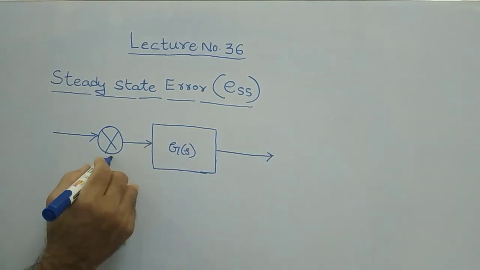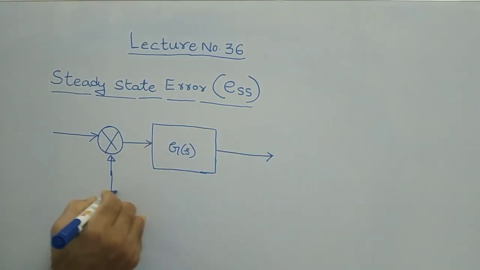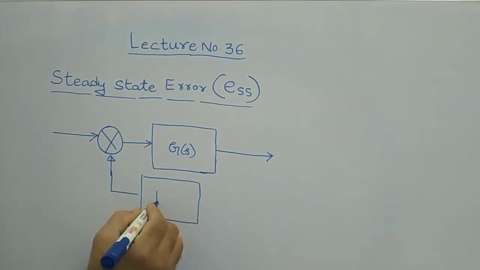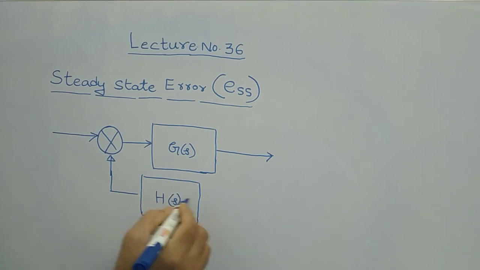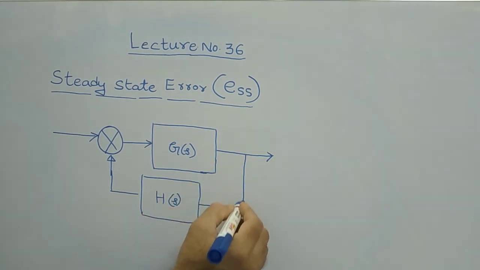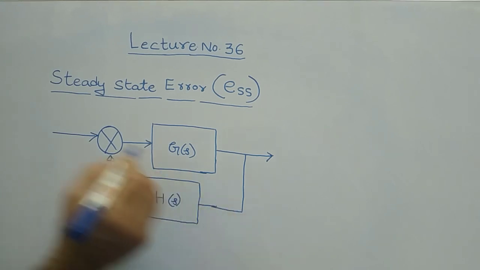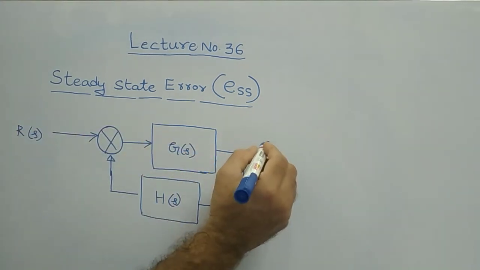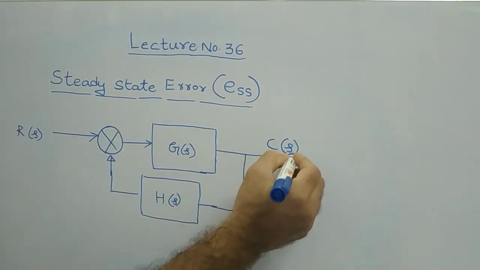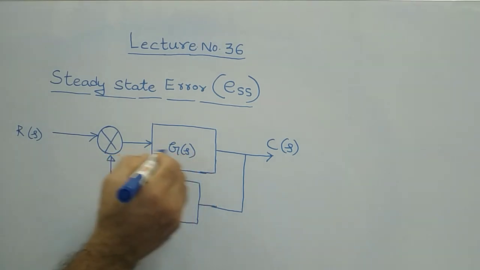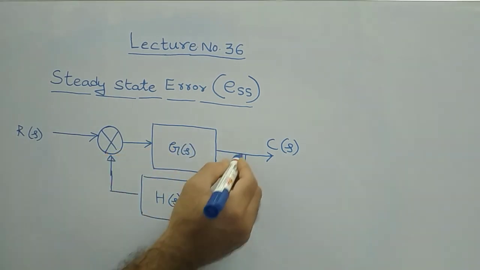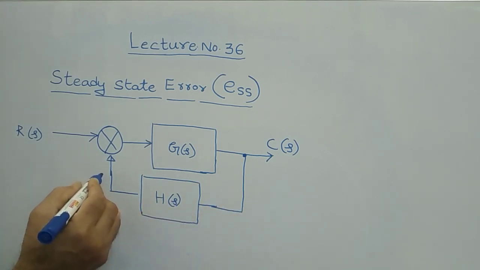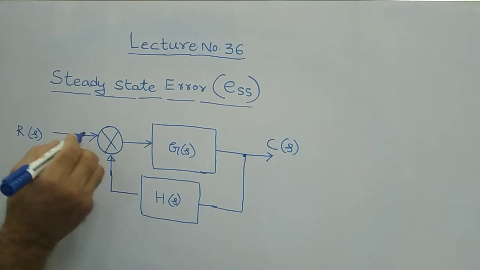So any control system with a feedback loop is represented by this. This is your input R of S. This is your output C of S. This is the gain. This is the feedback, which we are feeding back to the input.